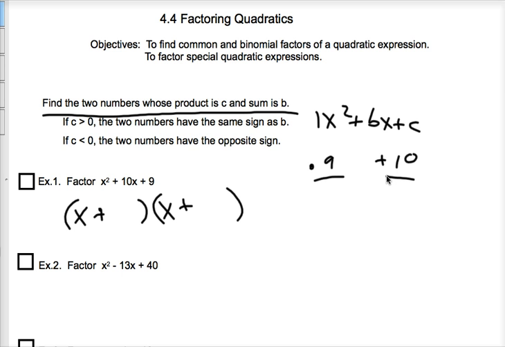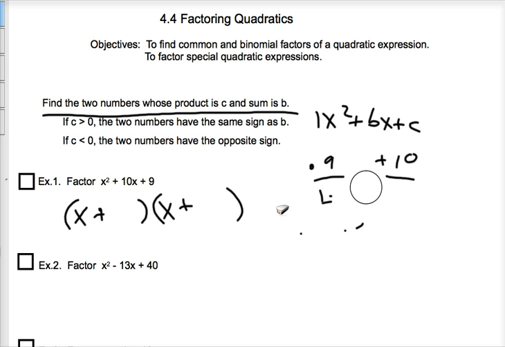My two numbers need to both be positive, because if I had a negative and a positive, there's no way I'm going to get that positive 10 at the end, and I'm also not going to multiply to be 9. If I did negative 1 times 9, that'd be negative 9. So I can't have a negative and a positive. I need either a positive and a positive, or a negative and a negative. It can't be negative and negative because it's got to add up to be a positive.